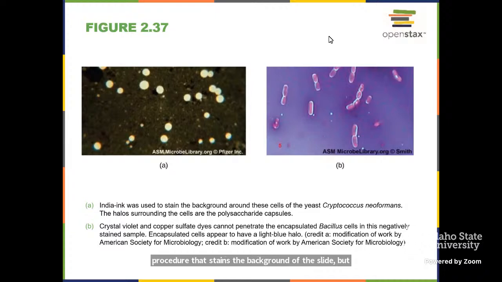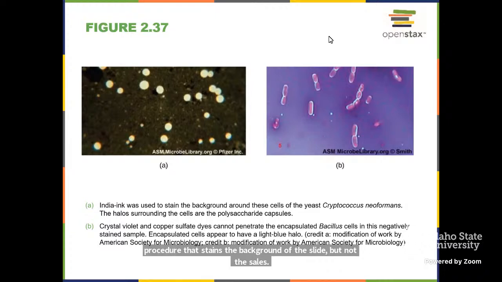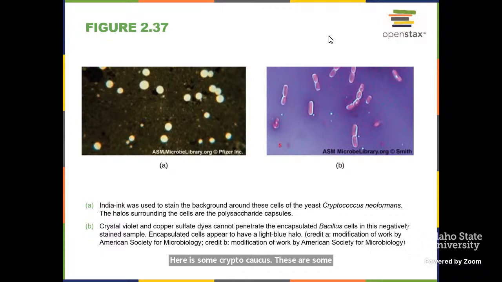Here is some cryptococcus. These are some yeast cells, and really it's a good one. This isn't the best negative stain, but it can show some capsule layers around the cells. And cryptococcus, being a yeast cell, has a very thick cell wall that oftentimes makes a nice line around the circular yeast.